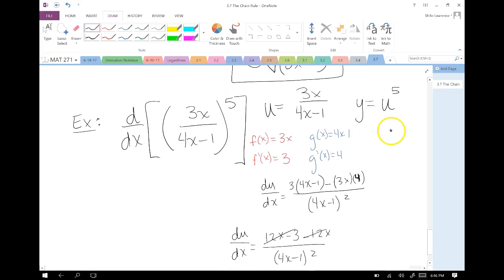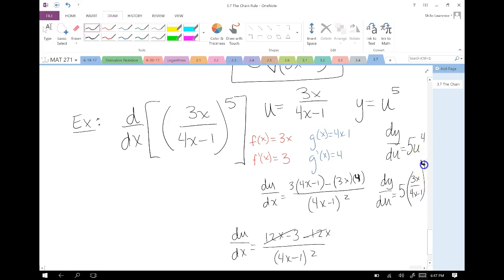And then dy du is 5u to the 4th, but we need that rewritten in terms of x. So dy du, just plug back in what we said u was going to be. It's 5, 3x over 4x minus 1 to the 4th.